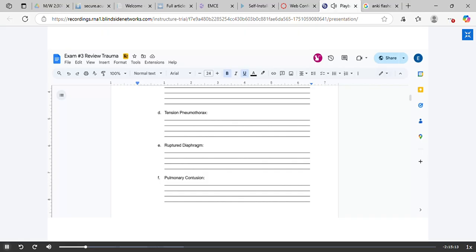So going back to your tension pneumo, let's keep talking about that. Your tension pneumo, like I said before, is the accumulation of air in the pleural space. And if you remember, the pleural space is that space around the lung, right?